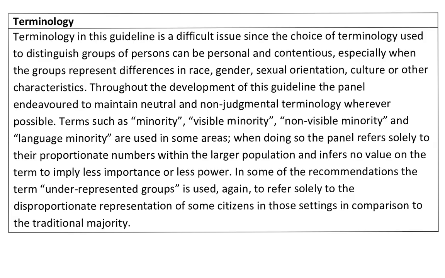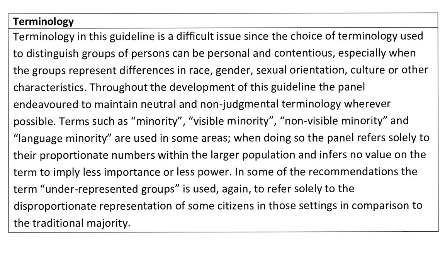Terminology in this guideline is a difficult issue since the choice of terminology used to distinguish groups of persons can be personal or contentious, especially when the groups represent differences in race, gender, sexual orientation, culture, and other characteristics. Throughout the development of this guideline, the panel endeavored to maintain neutral and non-judgmental terminology whenever possible.